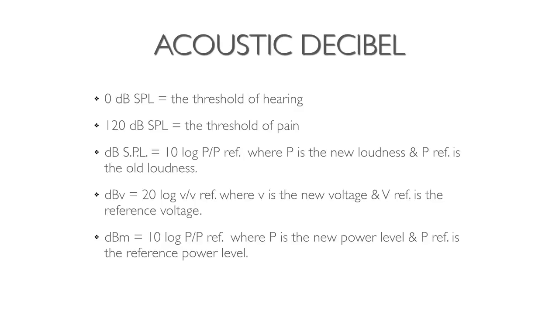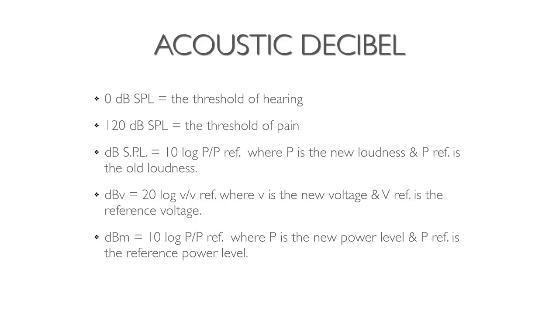You do need to know that when you double acoustic sound pressure, it's going to be 3 decibels, however. And you also have to know that when you do the same thing with signals going to a meter, it's not 3 decibels, but it's actually 6 decibels because we're dealing with voltage in that case. And you notice that when we're dealing with voltage, the equation's a little different. So rather than having 10 in front of the log, you have 20. So it's actually twice as much as the acoustic sound pressure voltage doubling is.